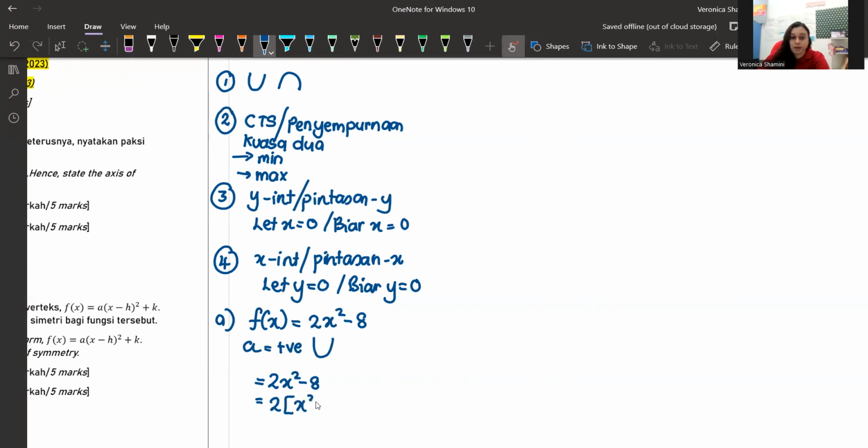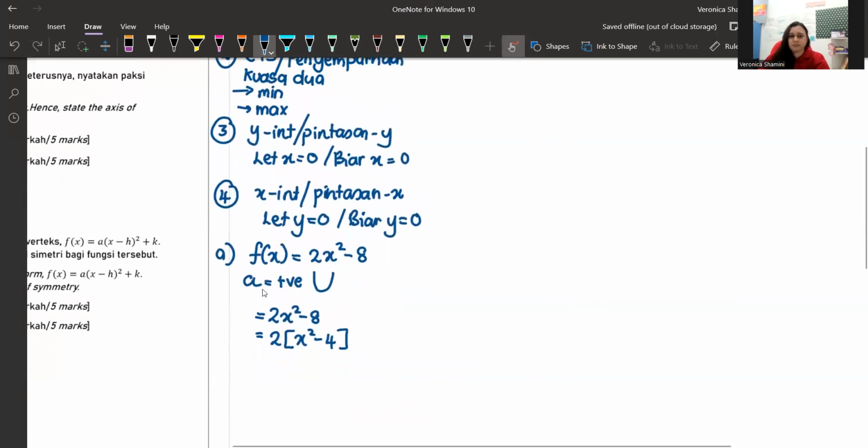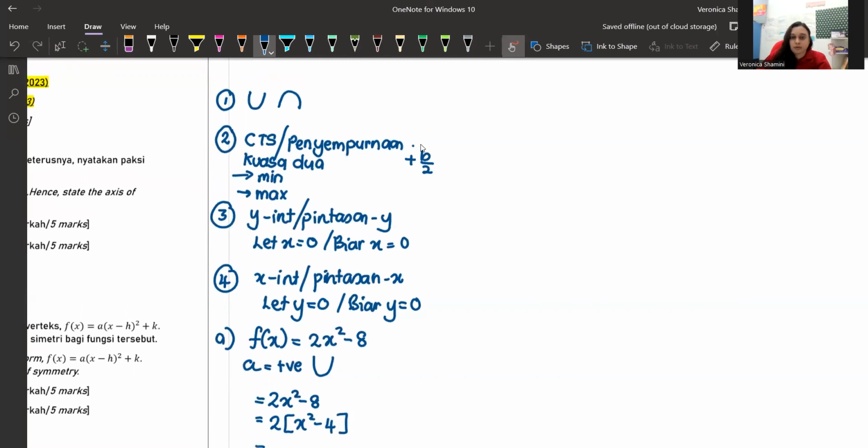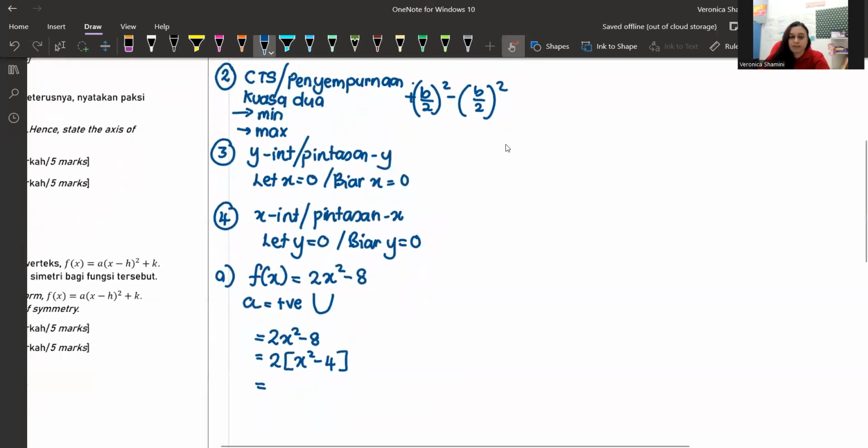So 2 times x square tolak 4. Now, if you see here, do you have a b here? Ada tak? Kita ada b tak dekat sini? Why is teacher asking? Because completing the square, you must do plus b over 2 kuasa 2 minus b over 2 kuasa 2. So both also you don't have, right?